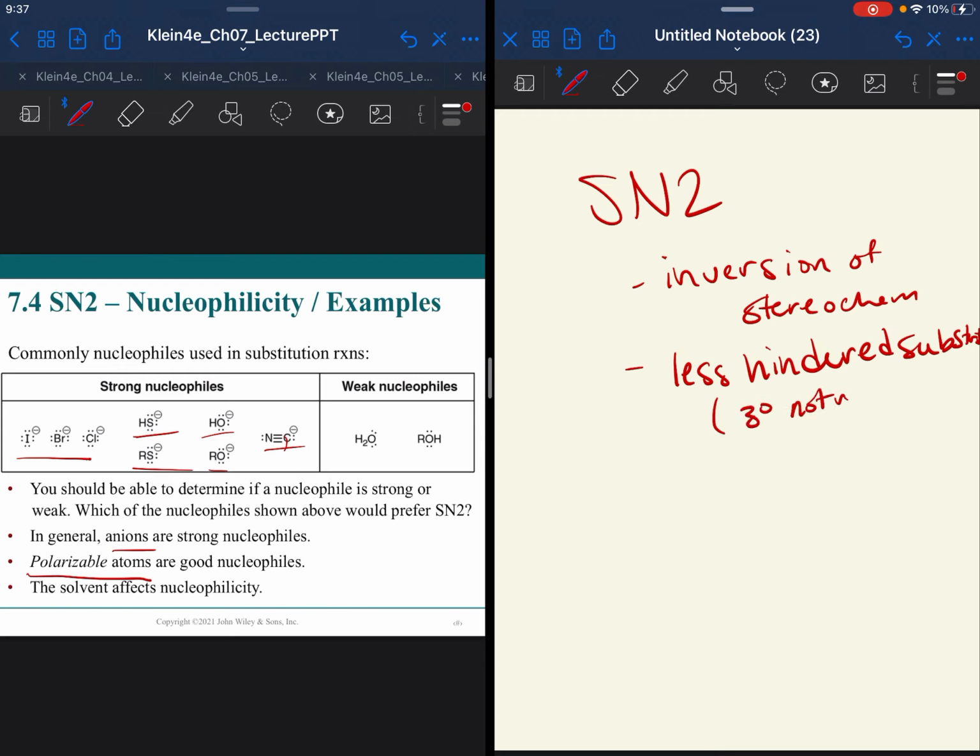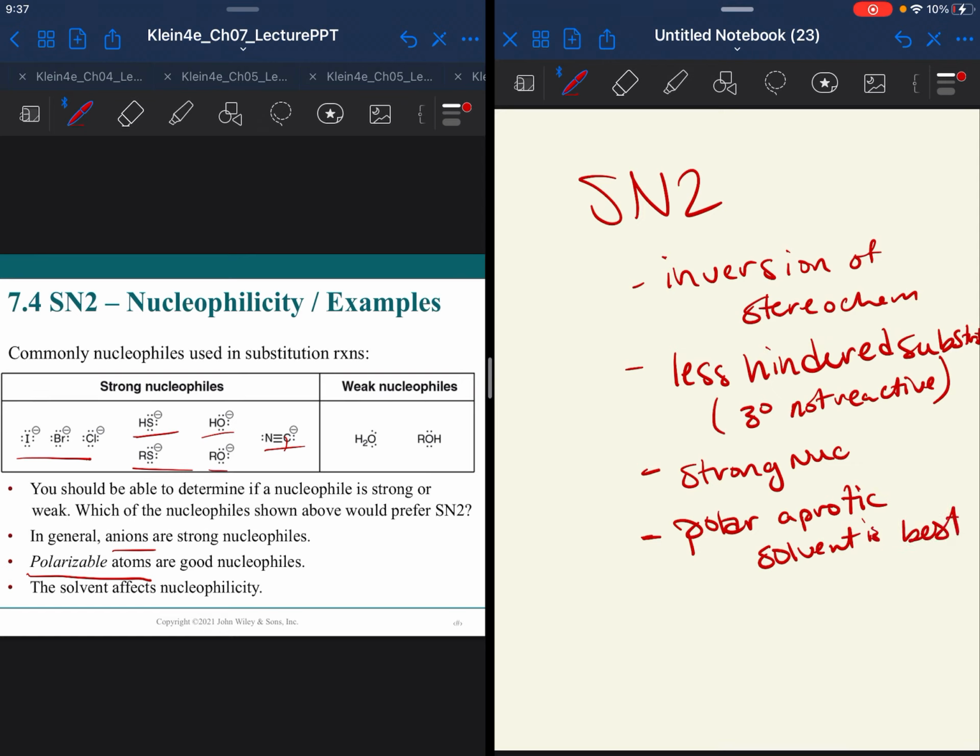Tertiary will not react. You need a strong nucleophile, not weak, so not water and alcohol. And a polar aprotic solvent is best. It's not always required, but it's best and may help us make decisions later. Now, in part 3, we will tackle our first elimination mechanism. And so, see you there.